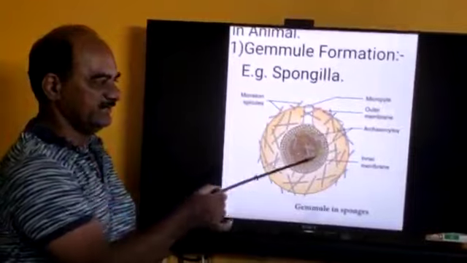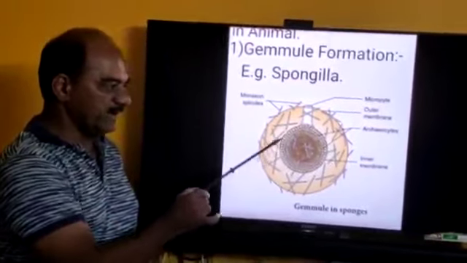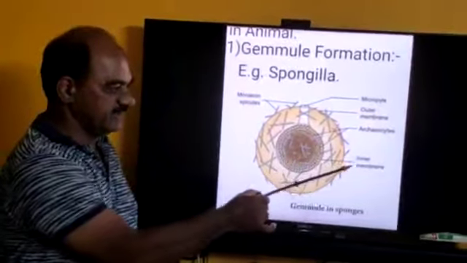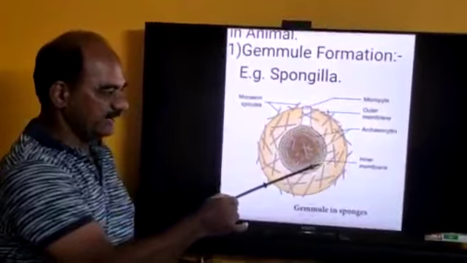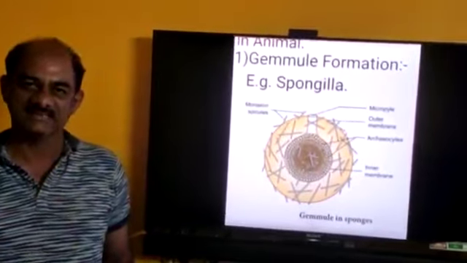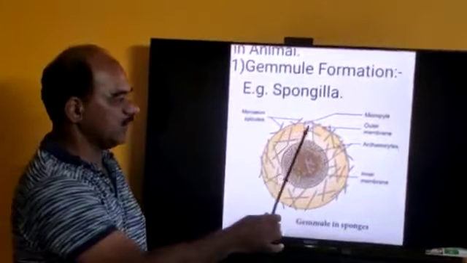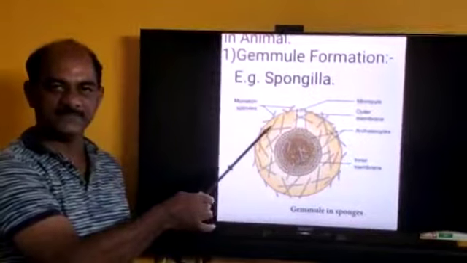The gemmule is also covered by two membranes, an inner membrane and an outer membrane, secreted by amoebocyte cells, as well as monoaxon spicules.